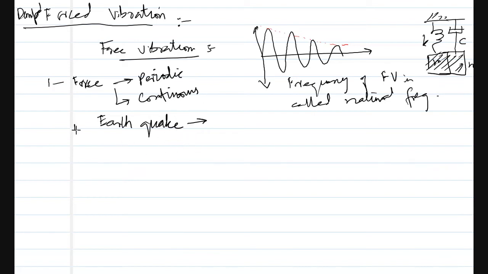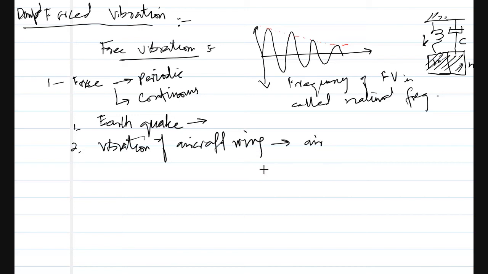Similarly, the vibration of an aircraft wing is also forced vibrations. Here the force comes from the air, because the wing interacts with the air and the air produces force on the wing that causes the wing to vibrate.